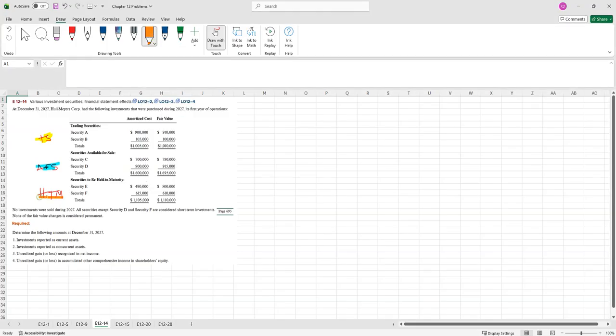We'll make those orange. Okay, kind of consistent with what we've been doing. The treatment for each of it, right? Trading securities, just remember, right? It's fair value with net income. For AFS or AVS, fair value through OCI. And then held to maturity, it's an amortized cost, right? It's not applicable for the income statement unless we sell the thing, okay?